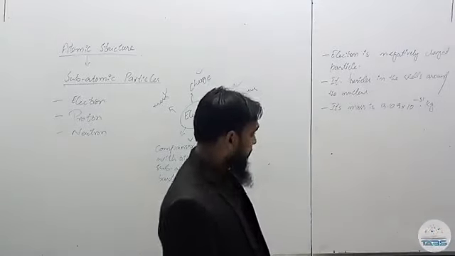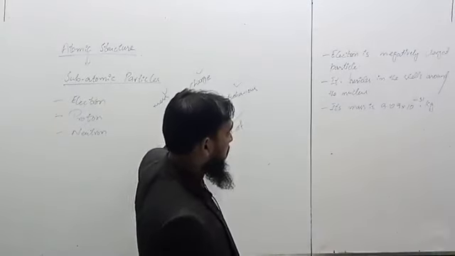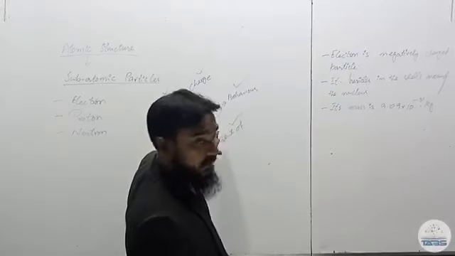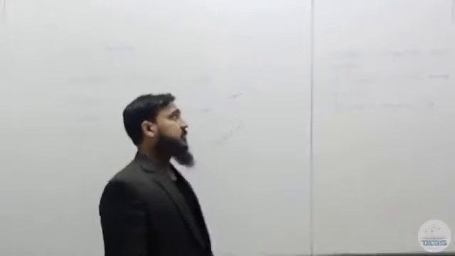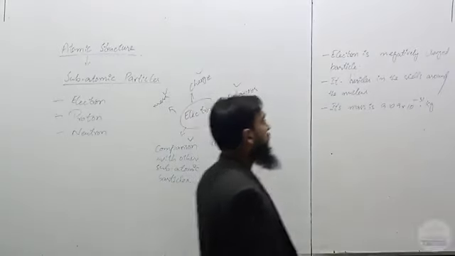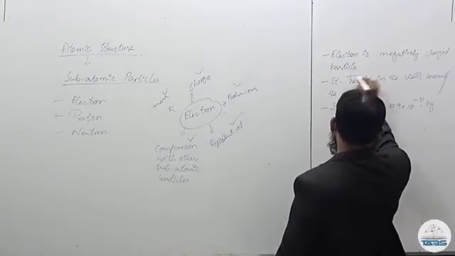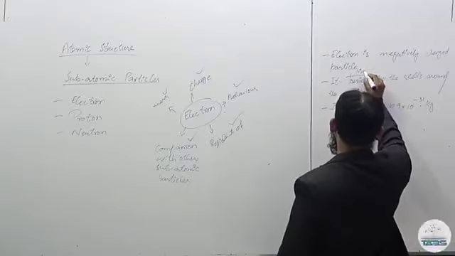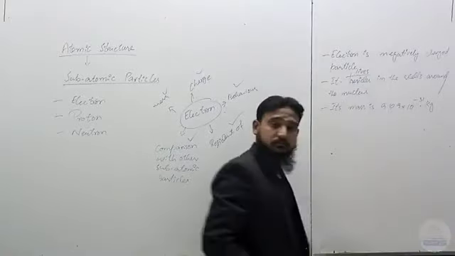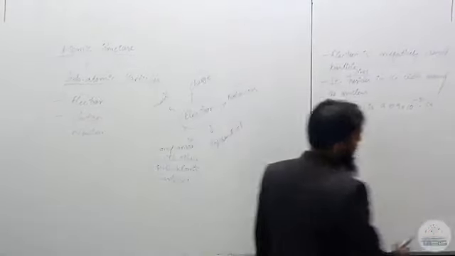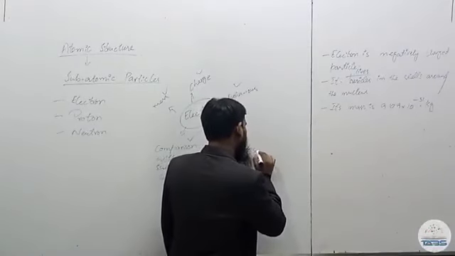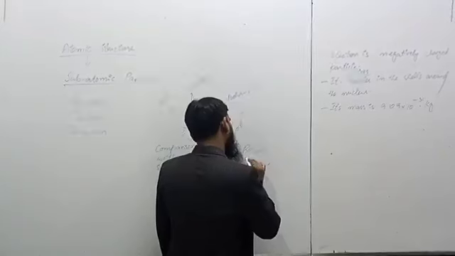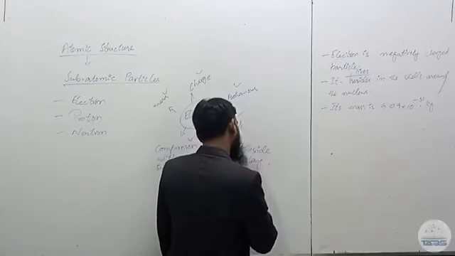So here you can see, electron is a negatively charged particle. It resides in the shells around the nucleus, and instead of resides you can also write lives, stays, or live.